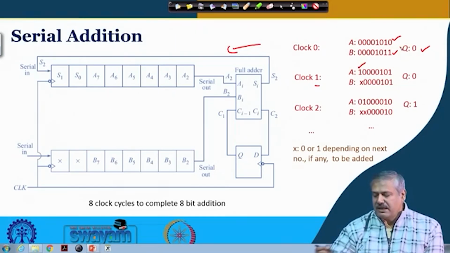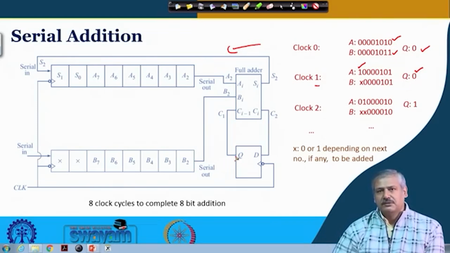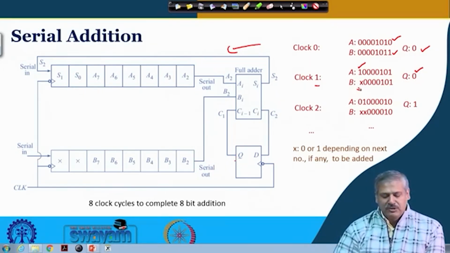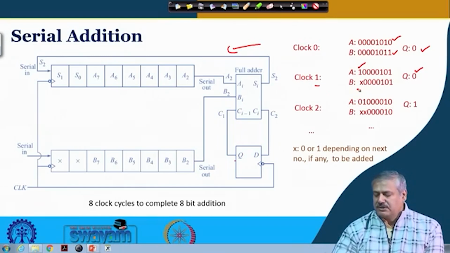Since carry generated is 0, there is no carry, so Q will be 0 only. So, 0 will be coming here. And for B, after 1 clock pulse, the next number or some other value, which is of no significance, will come here. If it is the next number, or if it is 0, it will be 0, or if 1 it will be 1. Otherwise, we say we do not care.